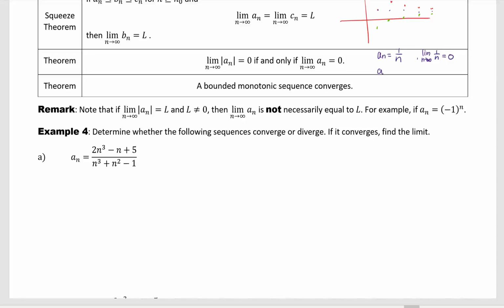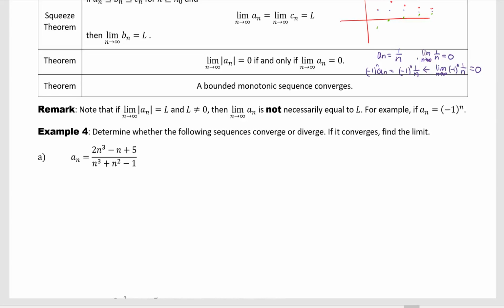So we know the limit of a sub n is 0. Now, how about minus 1 to the n times a sub n, which is minus 1 to the n times 1 over n? This new sequence also satisfies that the limit as n goes to infinity is 0. So the limit of the sequence is 0 if and only if the limit of the absolute value of the sequence equals 0.